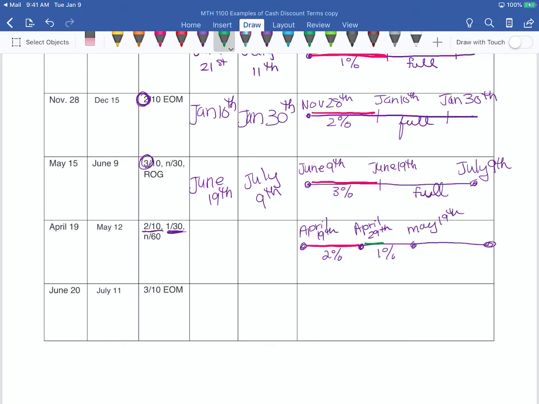And if I pay from April 29th to May 19th, I would get a 1% discount if I pay in that time frame. Then if I pay after May 19th, I would have to pay in full. And it says here that I would pay in full by 60 days after April 19th. That would be June 18th.